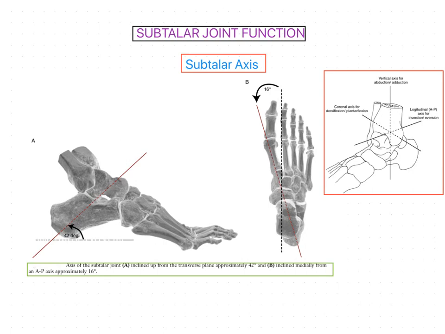When the talus moves on the posterior facet of the calcaneus, the articular surface of the talus should slide in the same direction as the bone, because a concave surface is moving on a convex surface. So based upon the rule, it follows the same segment.